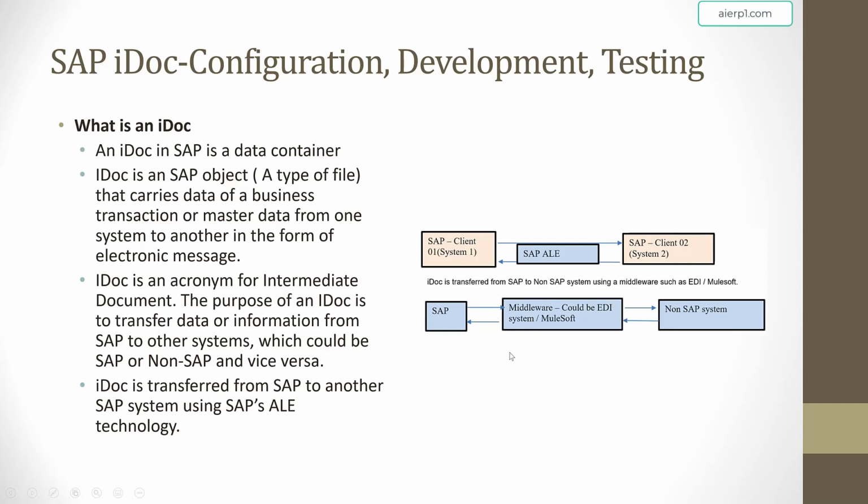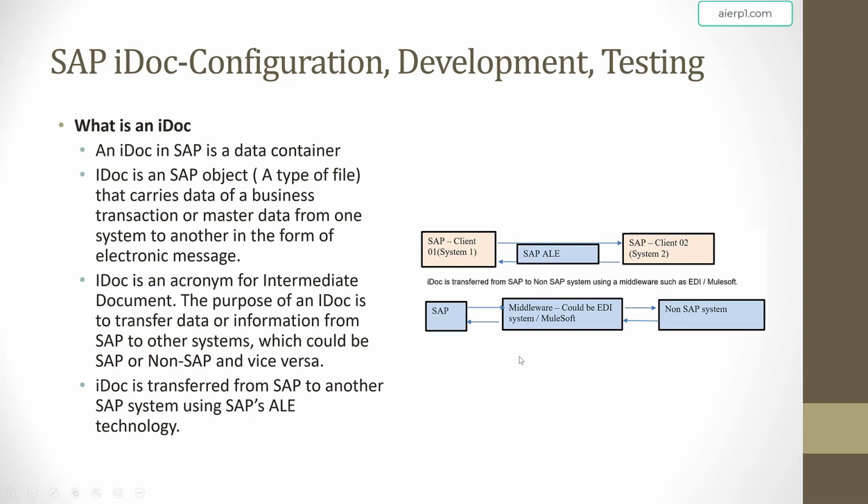This middleware could be, for example, MuleSoft. So middleware is again another non-SAP system. When you send an iDoc, SAP will send it to this middleware. It will receive that iDoc and then send it to the second system, which could be an SAP or non-SAP system.